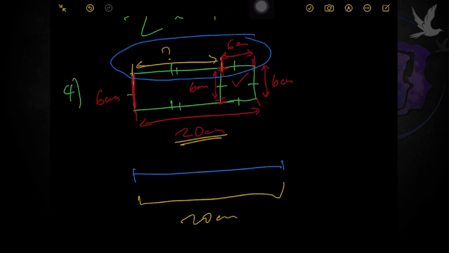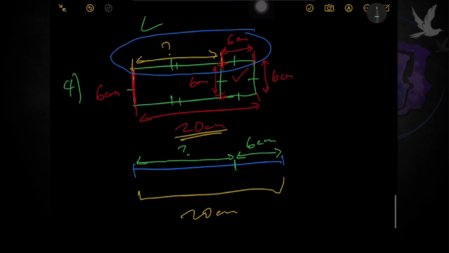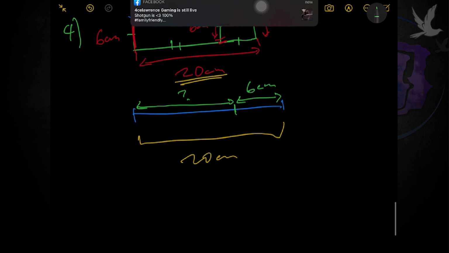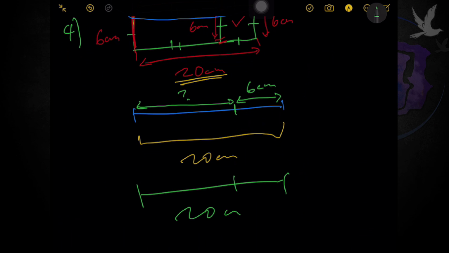And at some point, it is broken down, in which it says here that this part is equivalent to 6 centimeters. The question is, how long is this? What are we going to do? Given our total length, which is 20 centimeters, correct? Part of it is 6 centimeters.